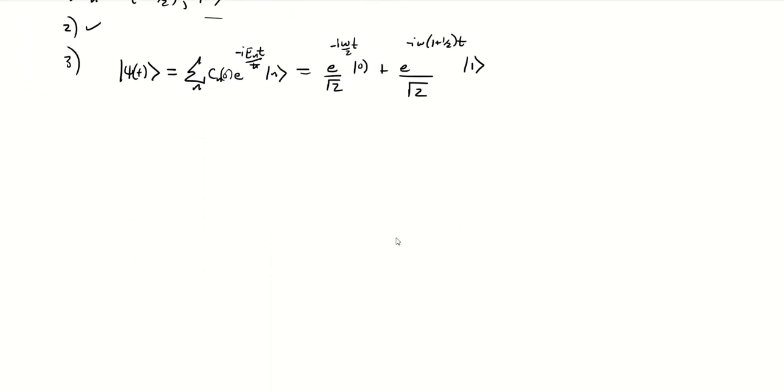Doing what we did above and factoring out that global phase, that's going to be equal to e to the negative i omega t over 2 times |0> over root 2 plus e to the negative i omega t times |1> over root 2. So this gives us our state function as a function of time. We can actually, if we like, drop that global phase, set it equal to 1, because we have the freedom to choose any global phase we want.